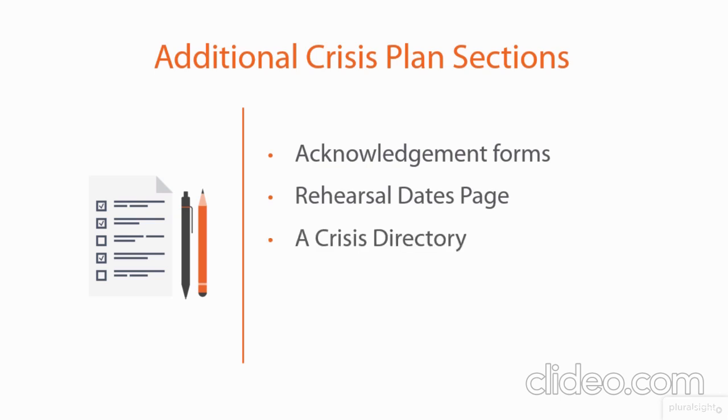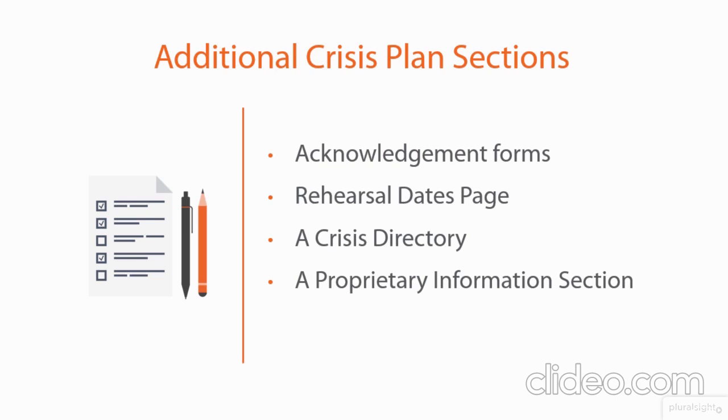You might also include a crisis directory, which has phone numbers of all people involved in a crisis in a very localized and centralized location. You could also have a proprietary information section, which identifies any information that is not to be released under any circumstances, whether that is financial, legal, trade secret, whatever it might be.